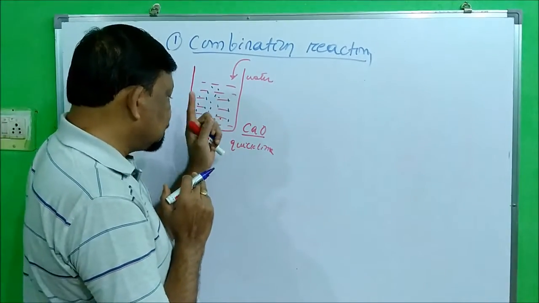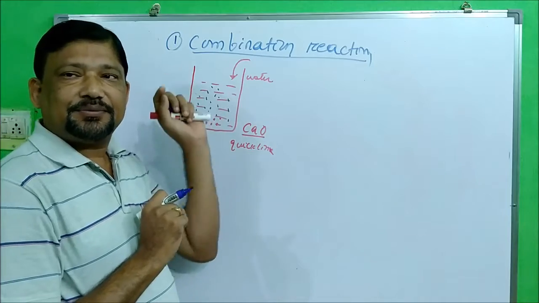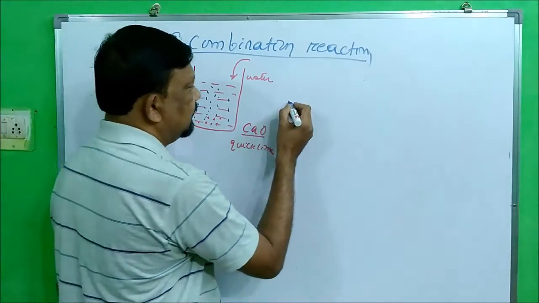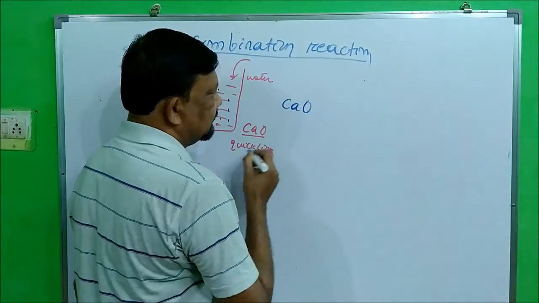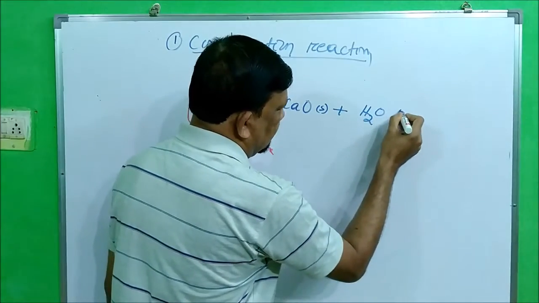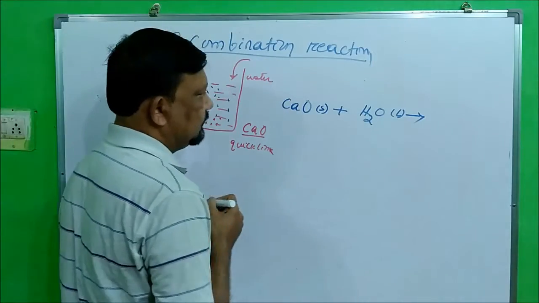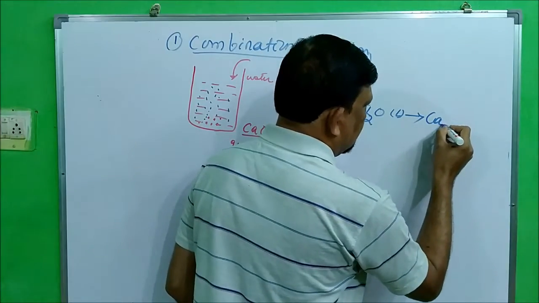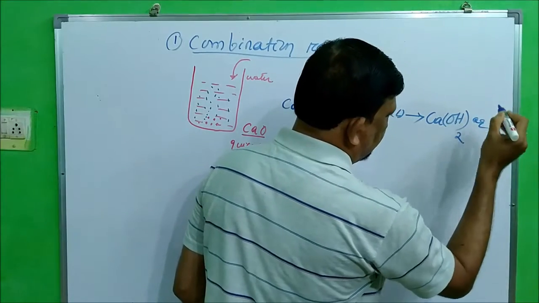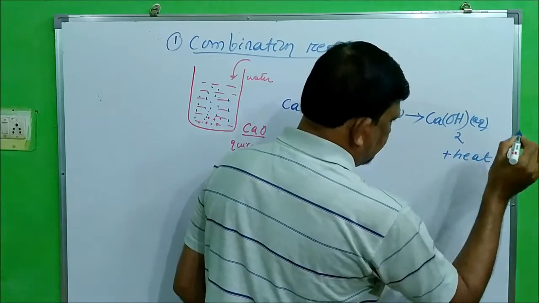It means a reaction is going on, because bubbles are coming out, some gas is coming out, and also you observe the heat. The reaction is calcium oxide in solid state, when you add water of liquid state, you will get calcium hydroxide in aqueous plus heat.